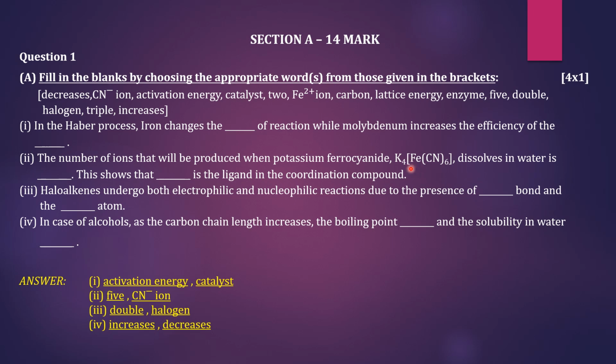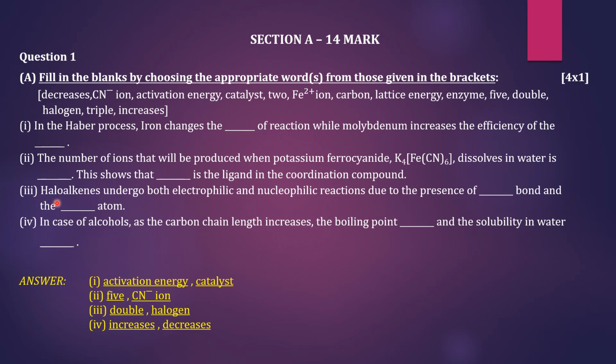So potassium ferrocyanide, the 4 K plus ions will give 4 cations, and the complex ion as a whole 1 anion, Fe(CN)6 4 minus. So total 4 cations plus 1 anion, so the answer will be 5. And inside the square bracket you can see the non-metallic part is the cyanide ion, so they are ligands here. So cyanide CN minus ion is acting as the ligand.